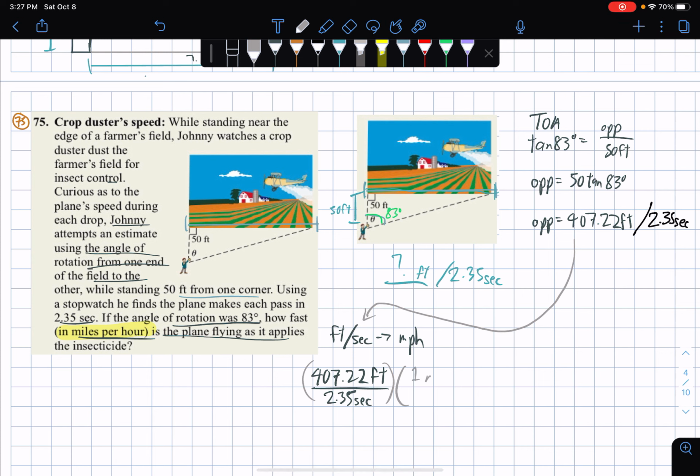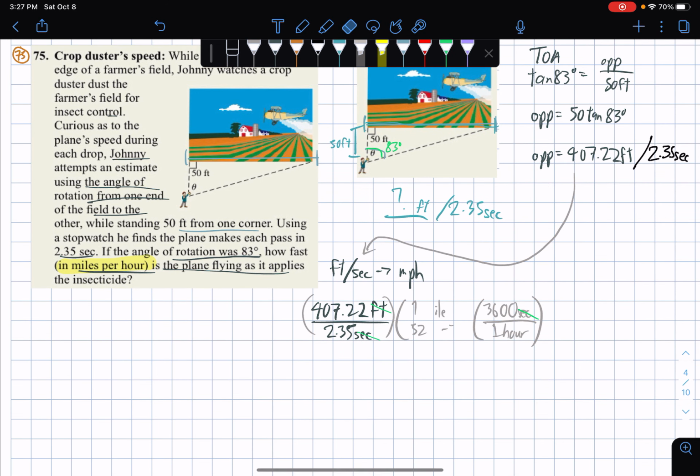So 1 mile is equivalent to 5,280 feet. And in a single hour, we have 3,600 seconds. So cancel the unwanted units. So as you can see, we only have mile and hour.